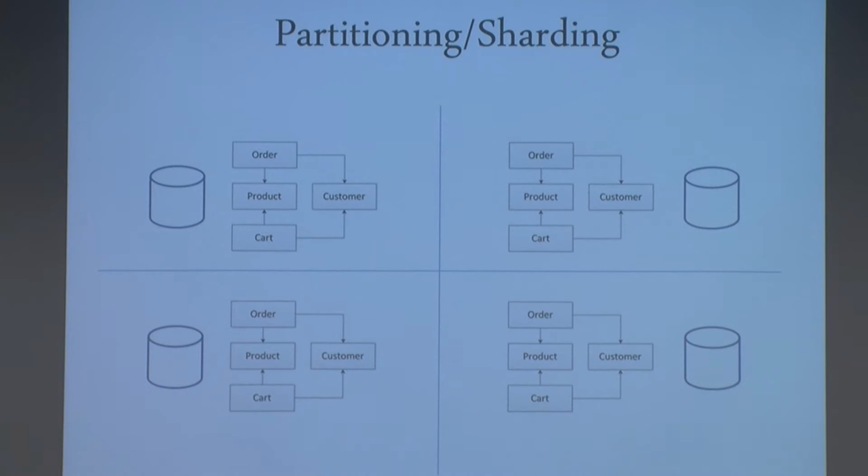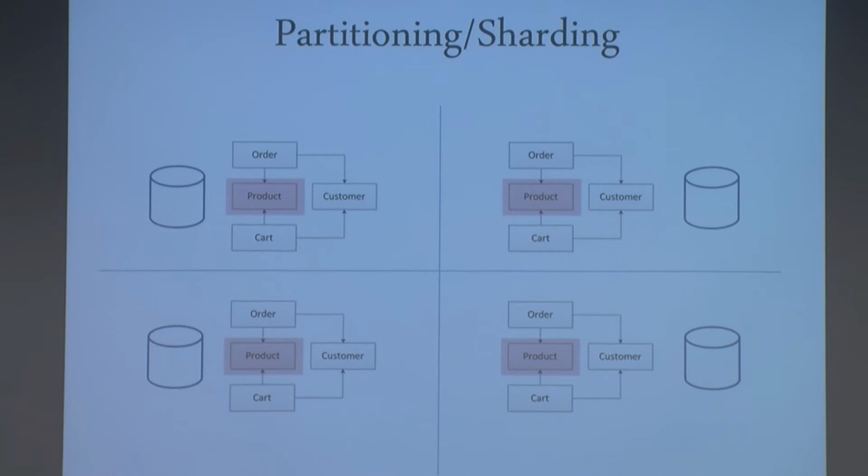It's not as simple in practice, because now you have to have your application aware of, if I'm dealing with customer one, what database is he in? How do I get information in there for customer one? Notice that with the sharding scheme, orders, customer, cart, those are all customer specific.